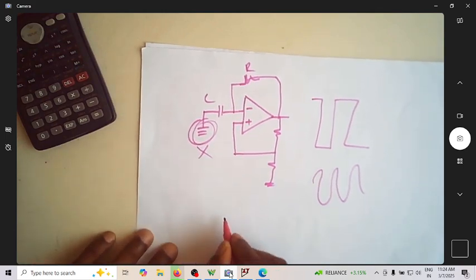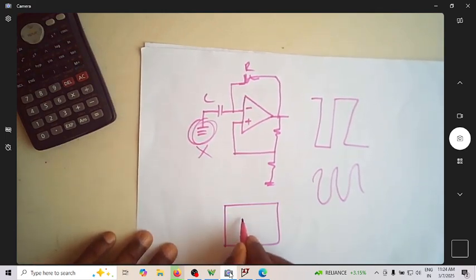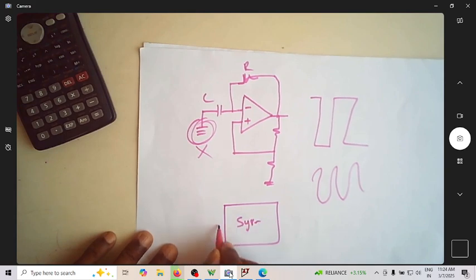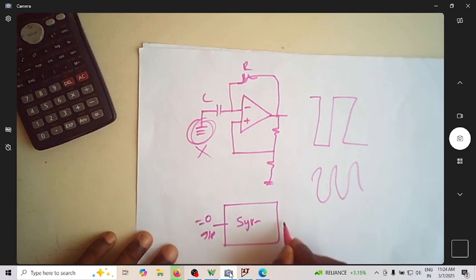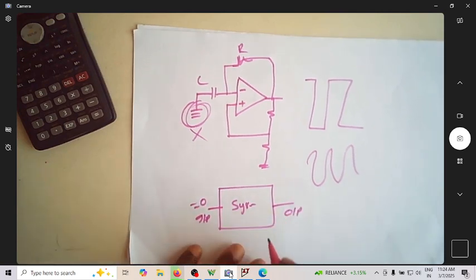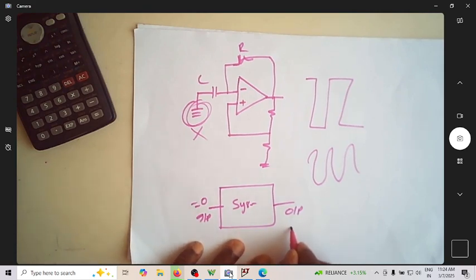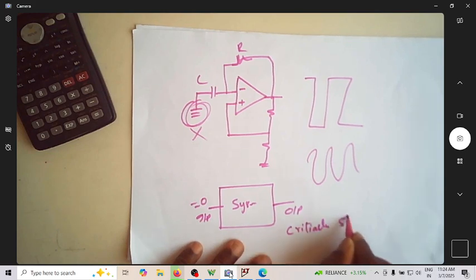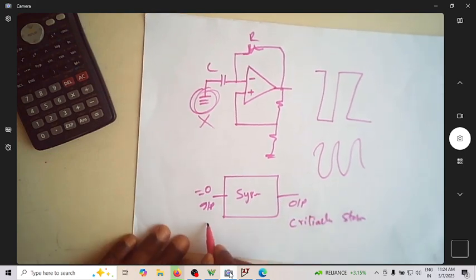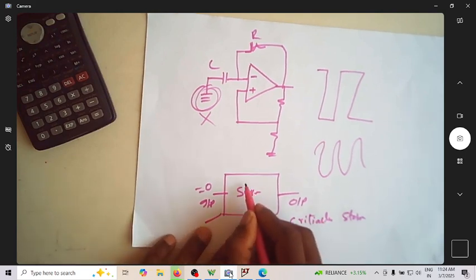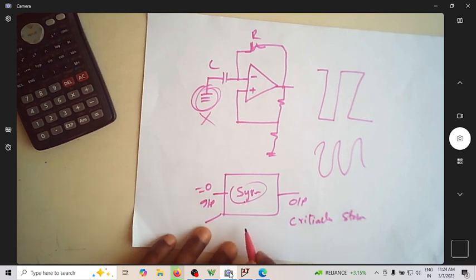So that is the beauty of a system: without any input, you'll get the output. That is possible only when the system is critically stable. If the system is stable, it needs some input.